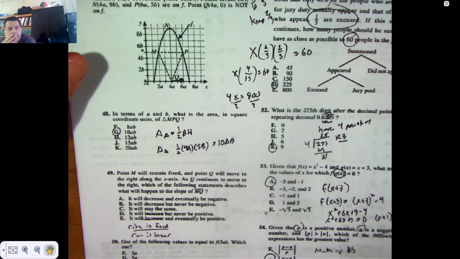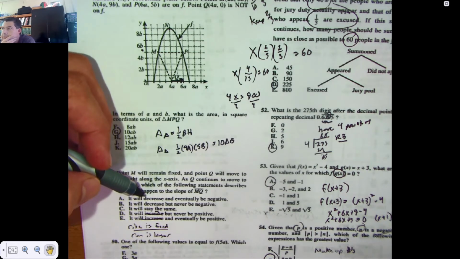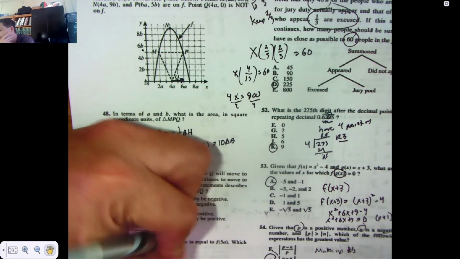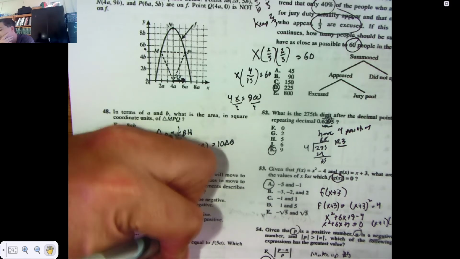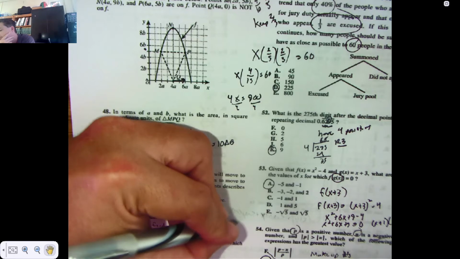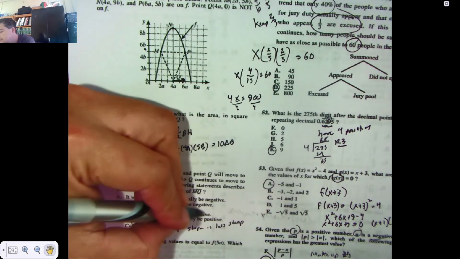Well, hold on here. I might need to reread this. The slope will decrease. The slope actually becomes less negative, doesn't it? It's getting less steep. So the idea of this is the slope is less steep. I'm actually going to go back and think about what I was thinking here.